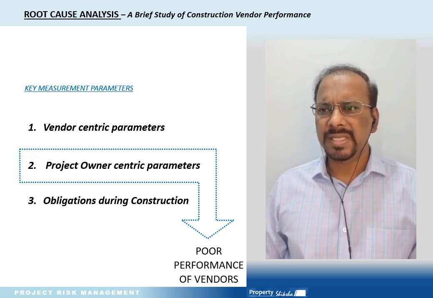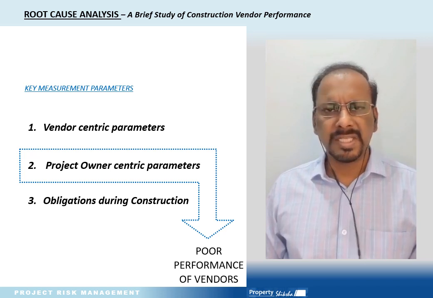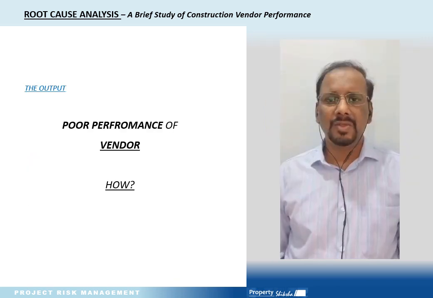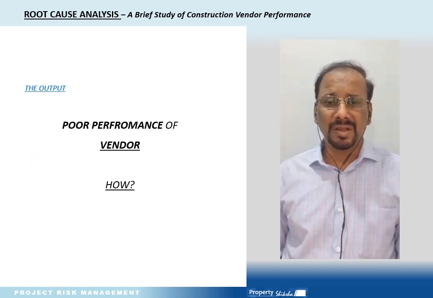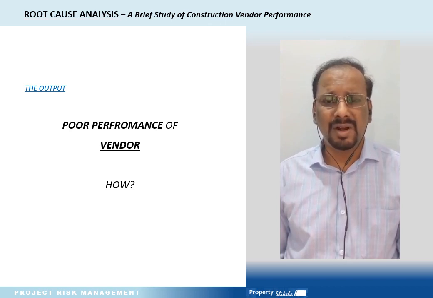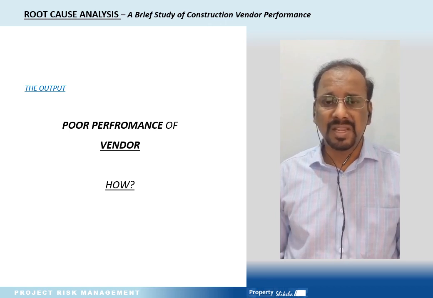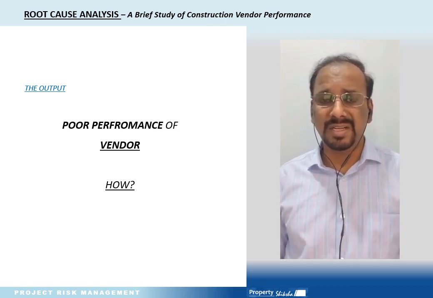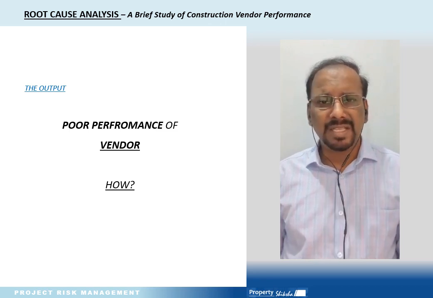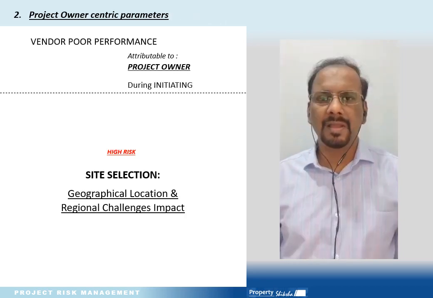All these risks need to be planned in the risk management plan during the planning stage. So the question is, how can project owner-centric parameters label a contractor or a vendor as a poor performer? I think it is going to be very interesting to understand the parameters dependent on the project owners. Let us see what those parameters are.